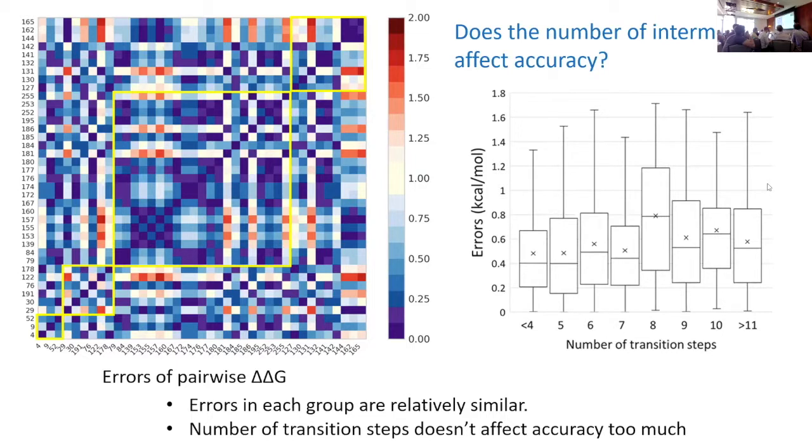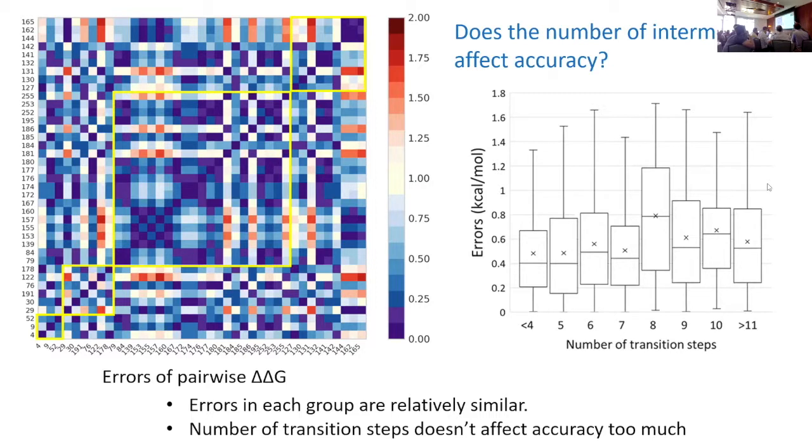Another question I get asked a lot about this kind of protocol is, since you are doing linear scaling and you have a lot of intermediate states, that means you have a lot of transition steps. Does the error or uncertainty in those transition steps get accumulated as you sum up all the delta G?